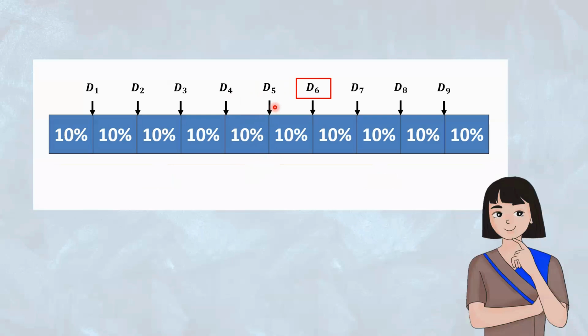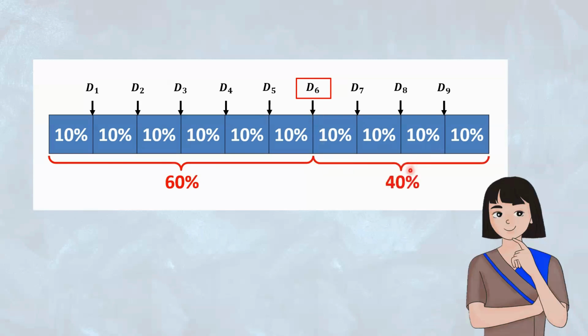If a score now falls on decile 6, it means that 60% of the scores in the dataset are less than or equal to our decile 6 value, and the remaining 40% are greater than or equal to our decile 6 value.